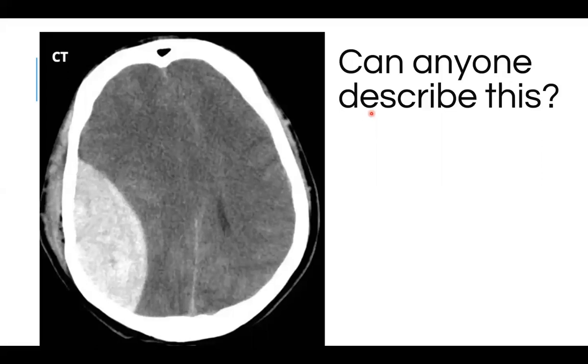I'm just reading all the comments quickly. Yeah, so how I would describe this is a right-sided hyperdense lesion, likely indicating a right extradural hematoma. There's also some subcutaneous edema or subcutaneous bleeding, and there's no mass effect.